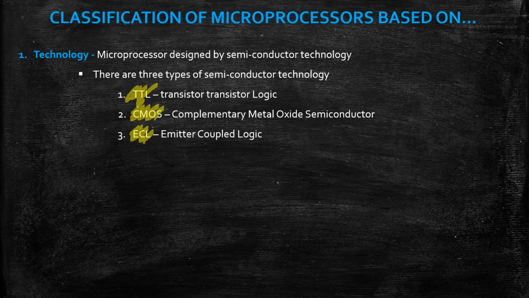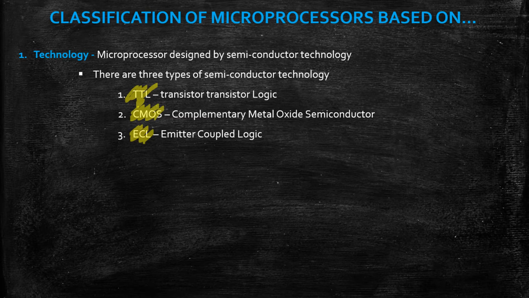We have already studied all three in the logic family, not in detail, but we know that these are the technologies which we use in the manufacturing of the microprocessor. So the very first category is based on the technology. TTL is transistor-transistor logic, CMOS is complementary metal oxide semiconductor, and the third one is ECL, the emitter coupled logic.